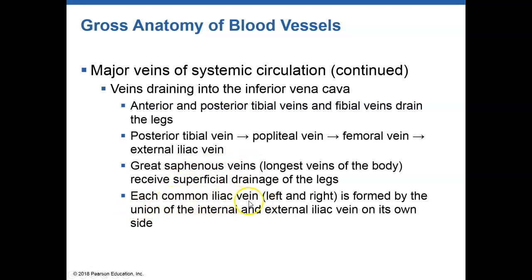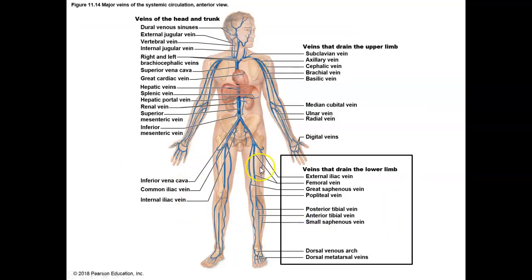Each common iliac vein is formed by the union of the internal and external iliac veins. Here you can see that long great saphenous vein on each side, which takes in all the superficial blood. Here you can see an anterior and posterior tibial vein.